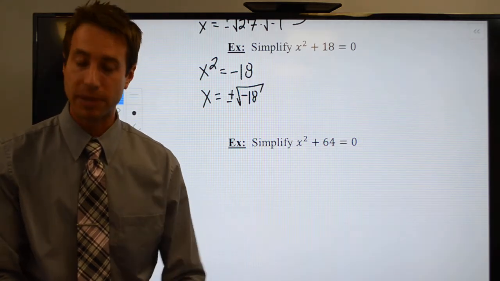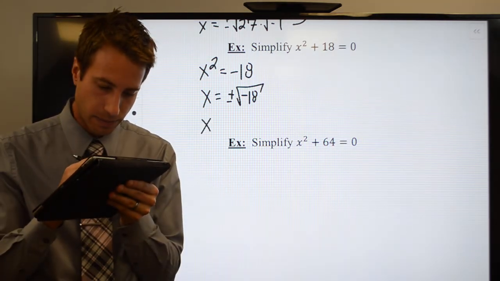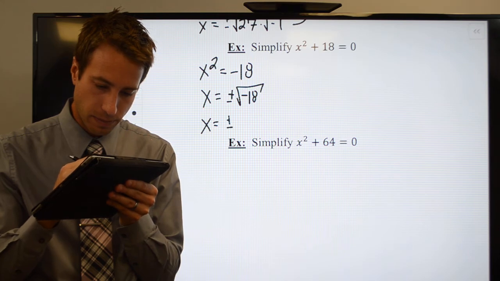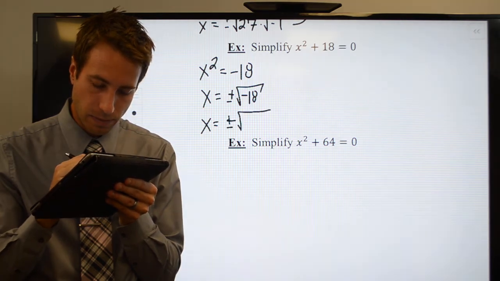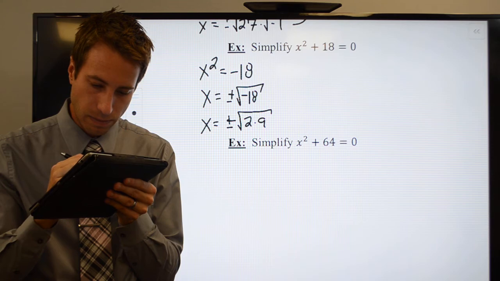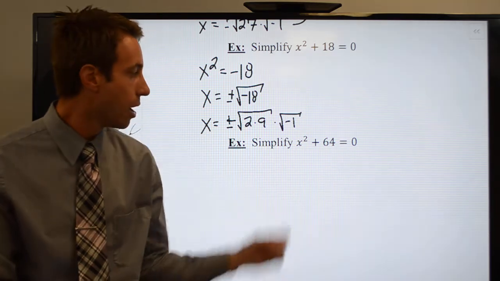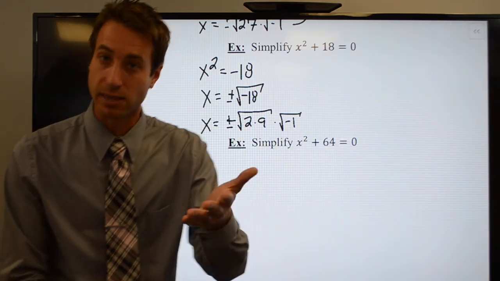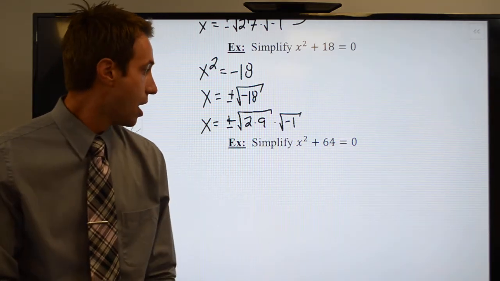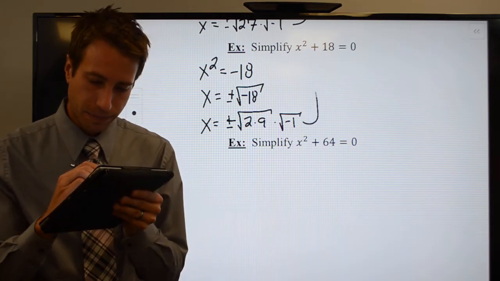I can split it up into something that is. Split 18 up into 2 and 9, and of course I pull out my square root of negative 1 because that's my definition of i.